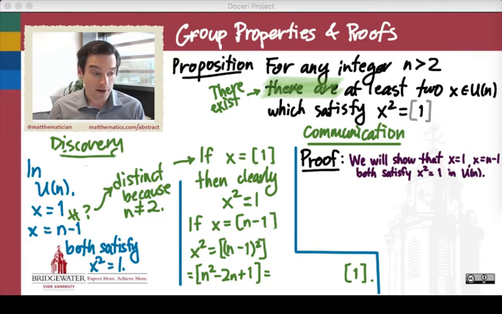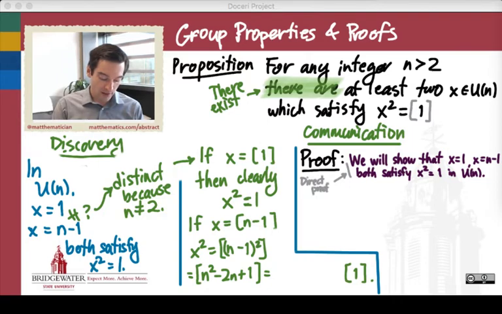Right? So there I'm signaling to the reader that I'm going to actually construct. So it's a form of direct proof. And I'm going to call it a proof by construction.